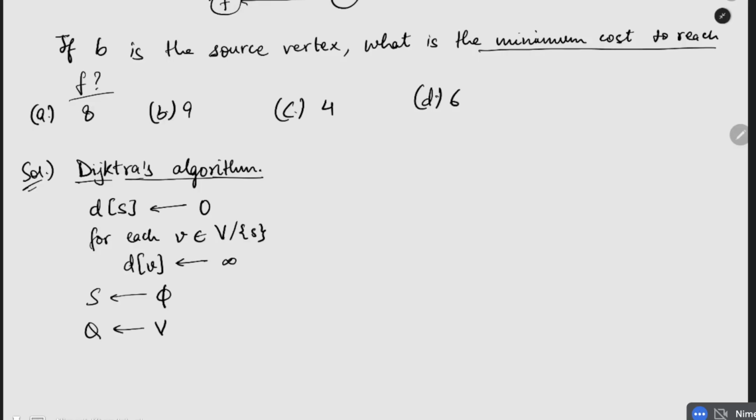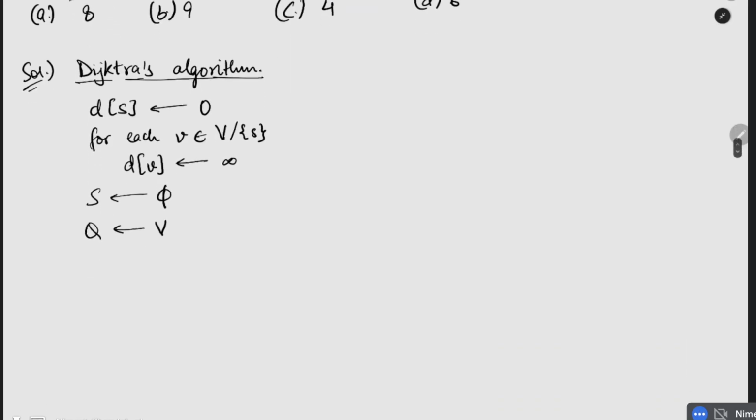So while the priority queue is not empty, we extract the vertex that has the minimum value within the priority queue, right?